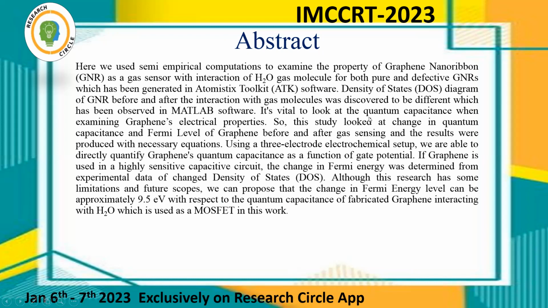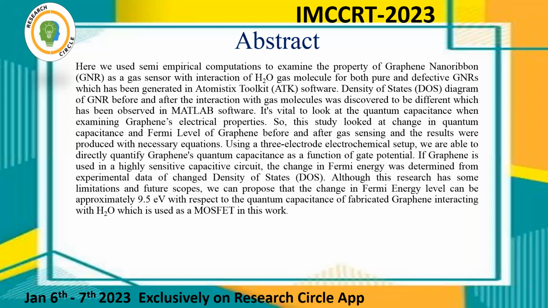It's vital to look at the quantum capacitance when examining graphene's electrical properties. So this study looked at change in quantum capacitance and Fermi level of graphene before and after gas sensing, and the results were produced with necessary equations.